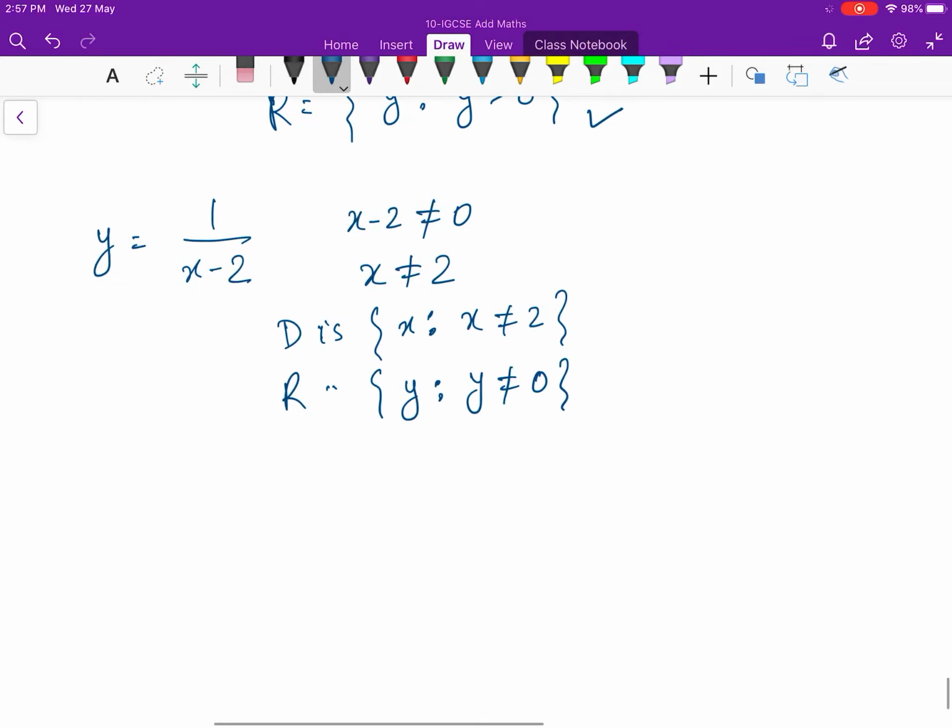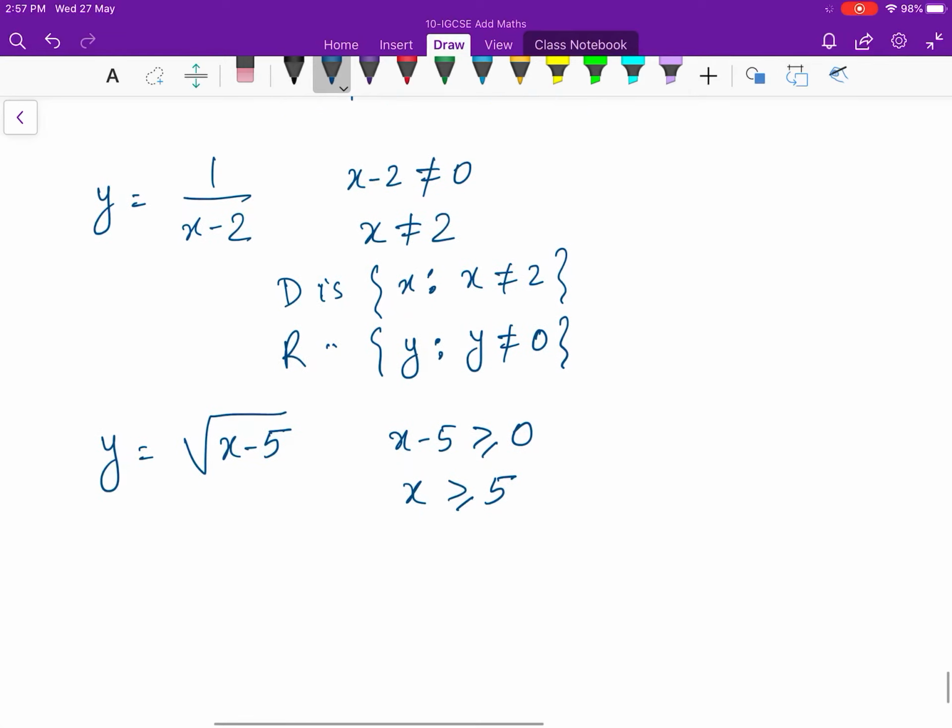Okay, if I have y is equal to under root x minus 5, so in this case x minus 5 should be greater than or equal to 0. So x must be greater than or equal to 5. Okay, so I will say that domain is x such that x is greater than or equal to 5.